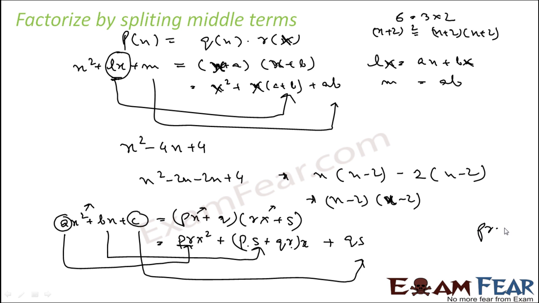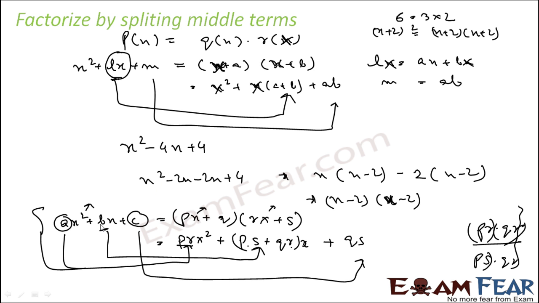Let me write pr into qs. And if you add these numbers, ps and qr, right? So here b is nothing but addition and ac is nothing but product. Same thing, it's all same. If you are confused with this, you can just ignore this part as well. I'm just trying to give you a better view of factor theorem.